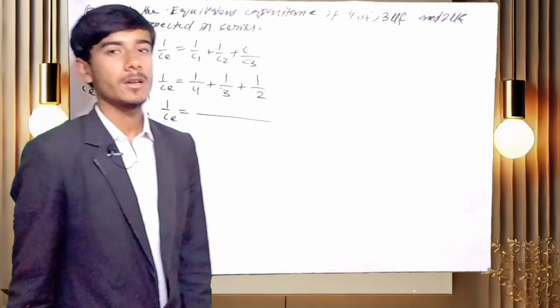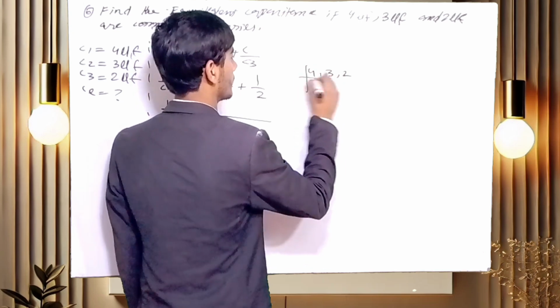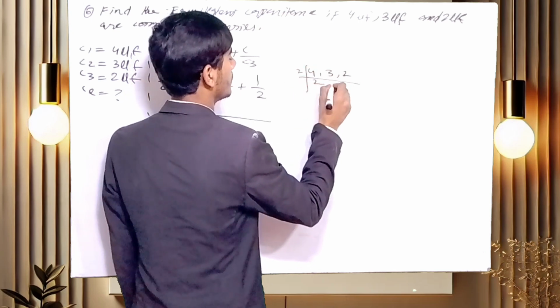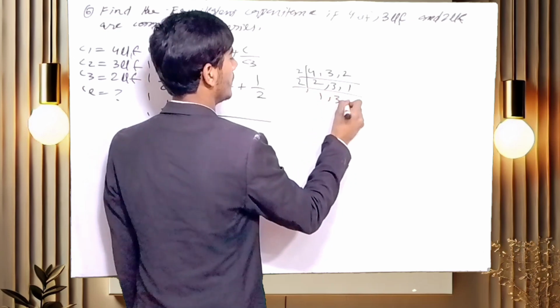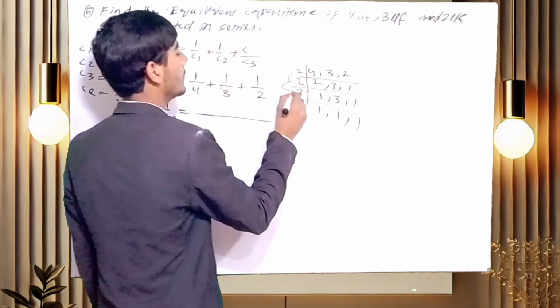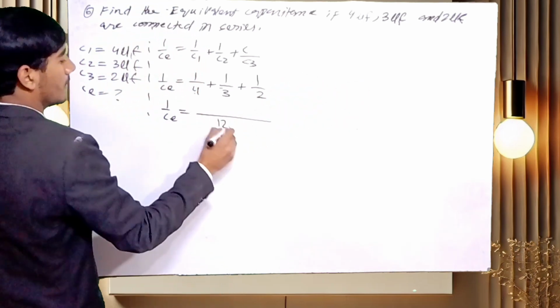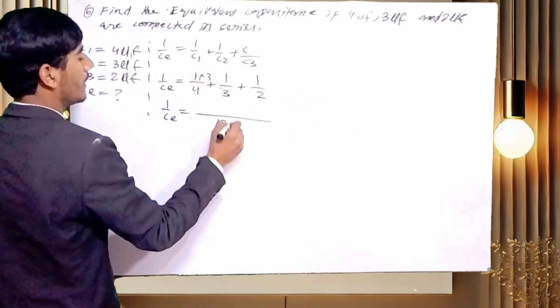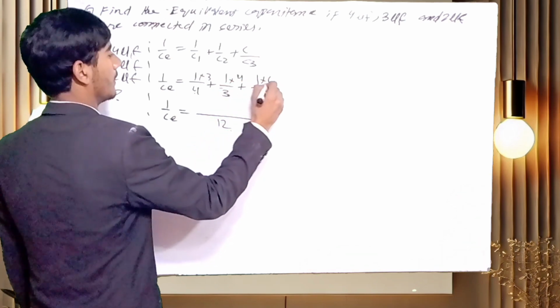The LCM will be 12. 4 times 3 is 12, 3 times 4 is 12, 2 times 6 is 12.